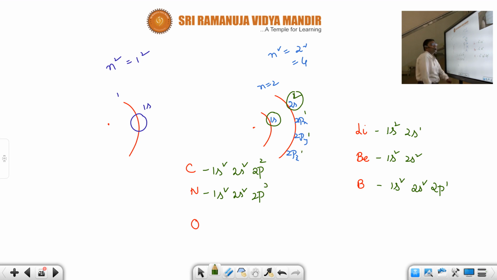So there is a rule here. First of all, the orbitals should be singly filled, and only then does pairing take place. For example, in 2p there are 3 deluxe rooms. First, in each room one electron should be filled, and only then can the next person enter. That is called Hund's rule. I'll explain later. Now oxygen, 1s2, 2s2, 2p4.